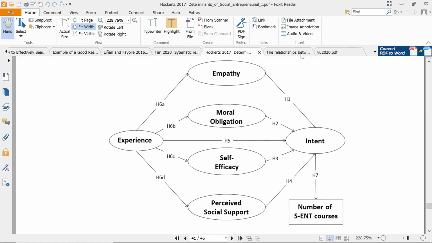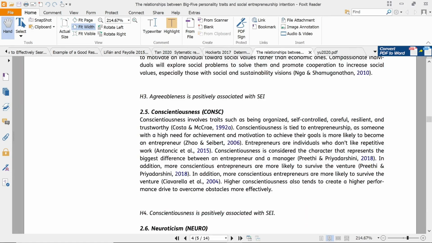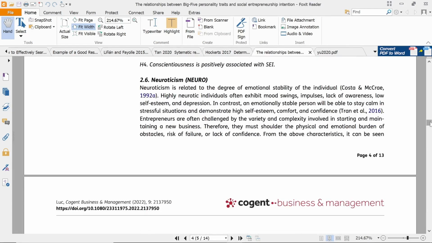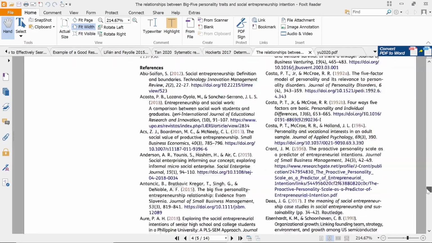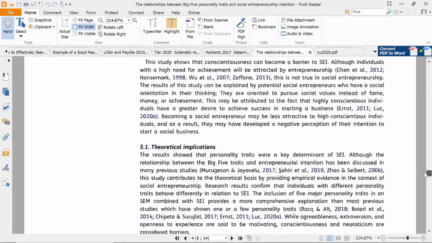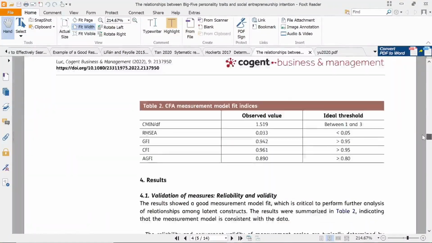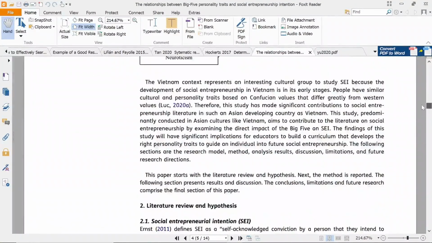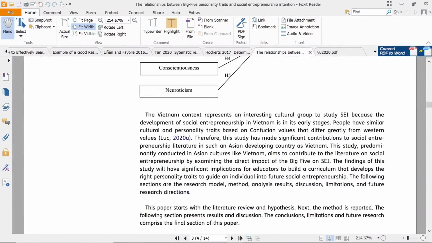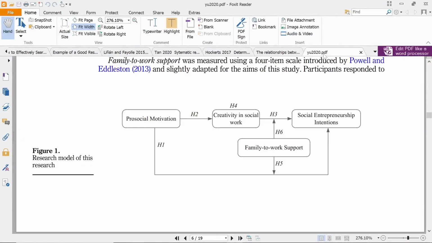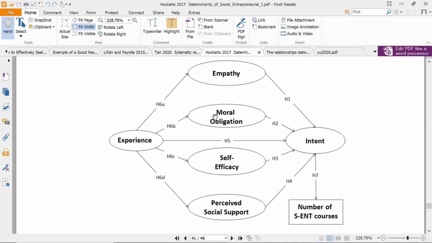So one thing you can do is that you can look at the questionnaire items for this. This one doesn't have questionnaire items in this same article, but you can just compare the questionnaire items before you, so they measure something similar, so that's why I removed them.